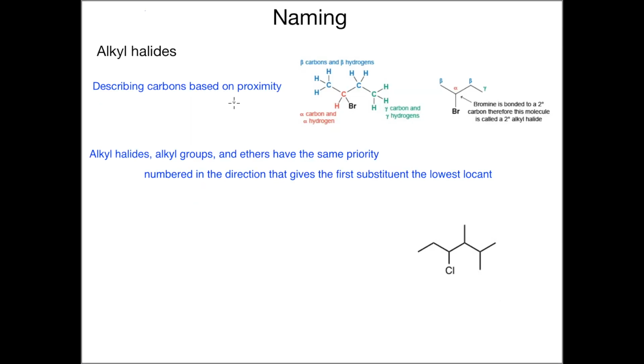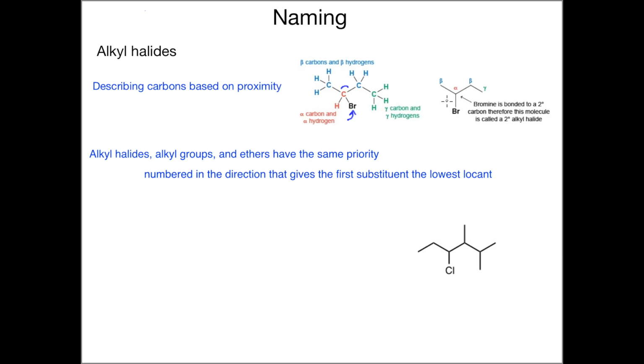Now, that brings us to our last point here in naming, and this is naming alkyl halides. One of the things that's important with this is that we want to notice where the bromine is, and then the carbon that is directly adjacent to it. Notice that is 1 over from the bromine, so we use the symbol for alpha here to denote that that is the alpha carbon, meaning that that carbon is 1 away from our bromine.